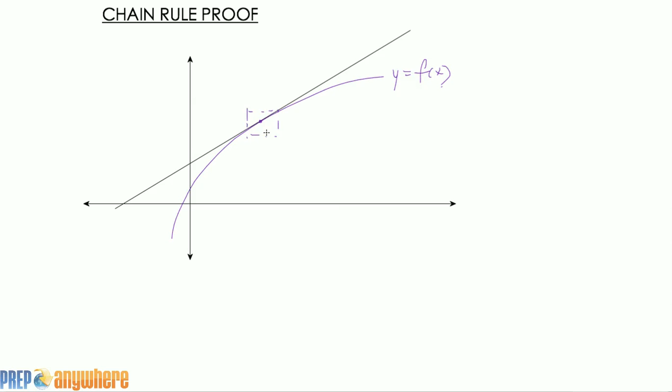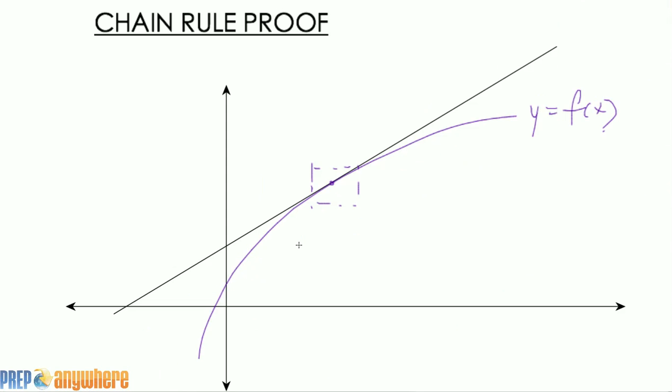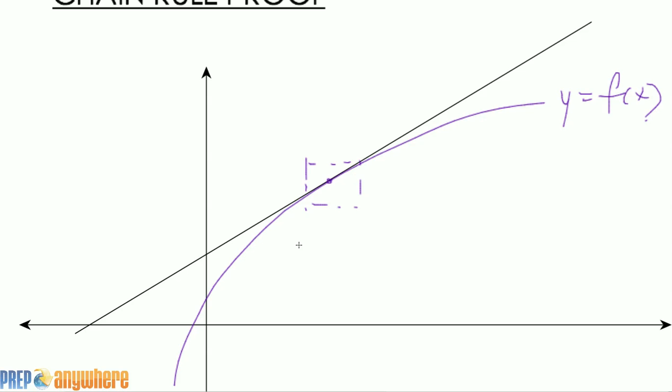If you were to zoom in, the more I zoom in and look at just this part here, they're almost the same. There is a very, very small difference we probably cannot tell with our eyes, but there is a difference numerically.